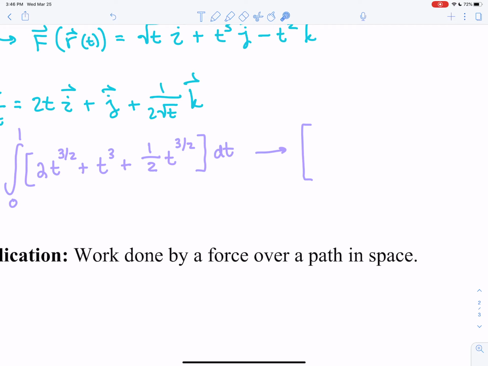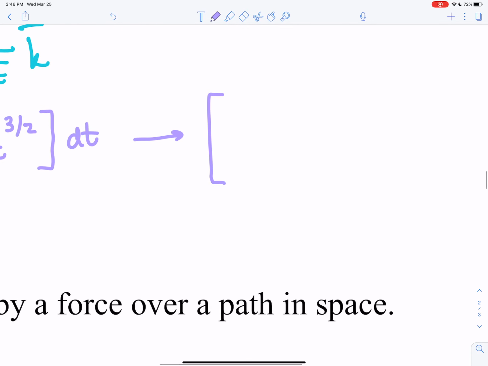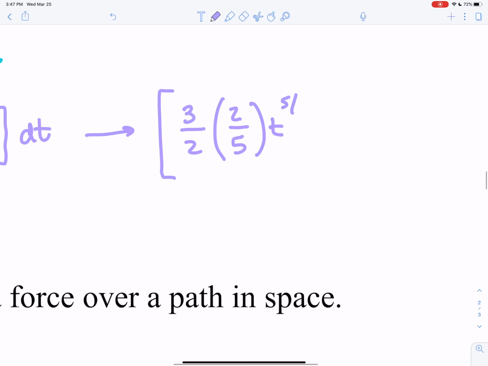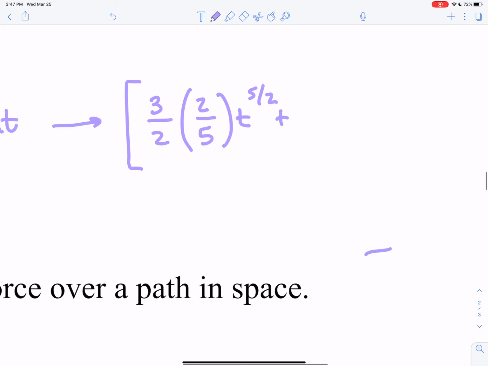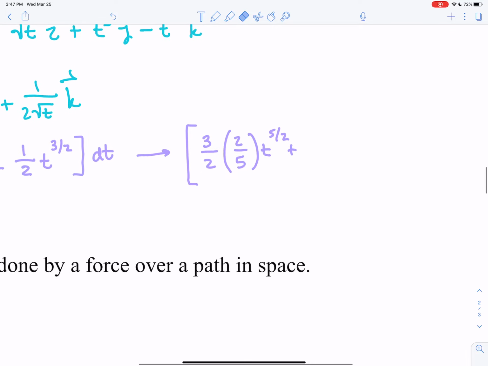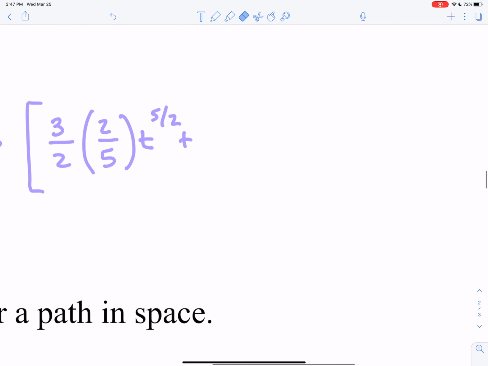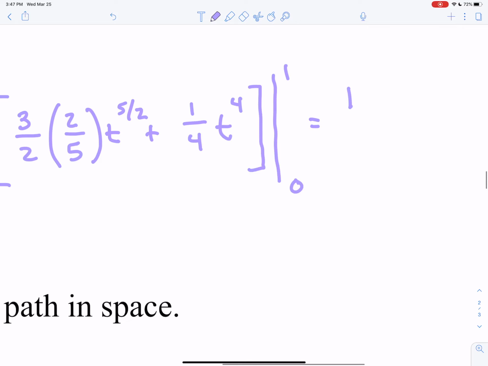And the integral of 3 halves t to the 3 halves will be 3 halves times 2/5 t to the 5 halves, plus the integral of t cubed, which is 1/4 t to the 4th. All that evaluated from 0 to 1, which will give us 17/20.